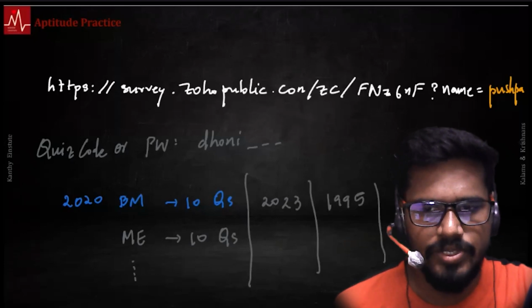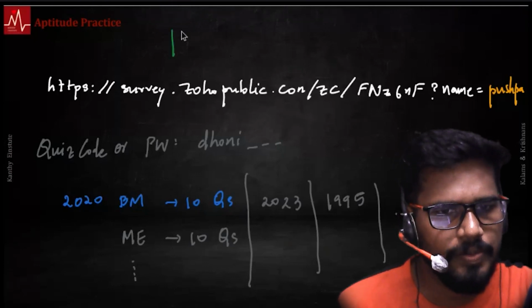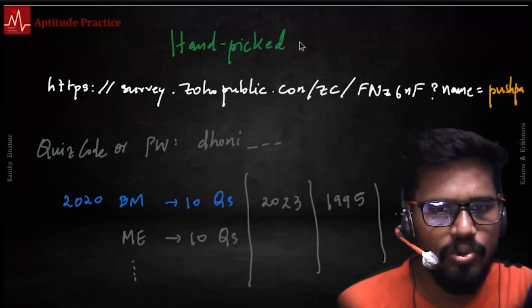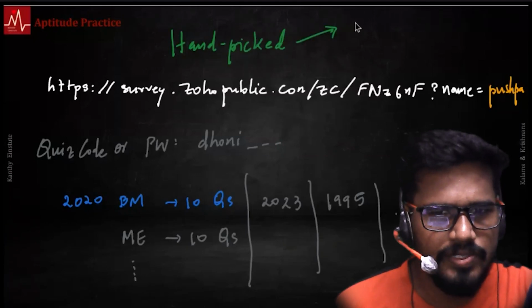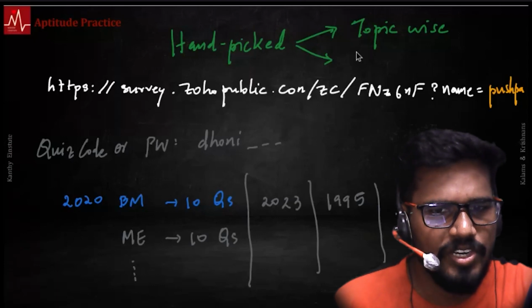You don't have to stick to biomedical 20, let's say 1995, something like that. You could always do this. The set of questions that I have are handpicked illustrative questions. I have both topic-wise sets, that is analytical, numerical and so on, and also full 10-question sets covering everything in general aptitude.